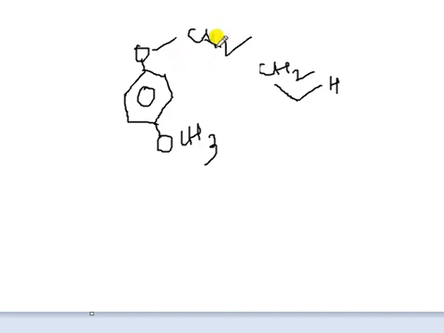So CH2, CH2, H. So how is it possible? Then a double bond should be there. Then see how many carbons there are. Already 7, 8, 9, 10 gone, 11 gone. This is CH, 11 gone.